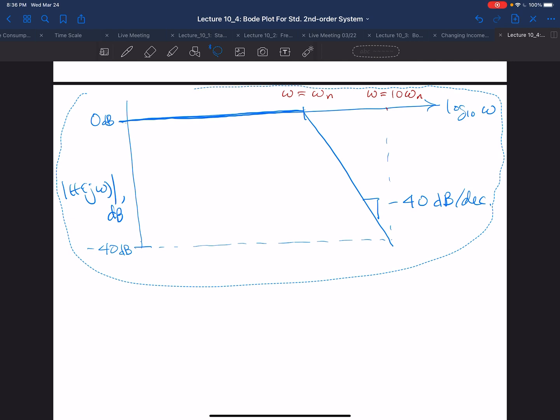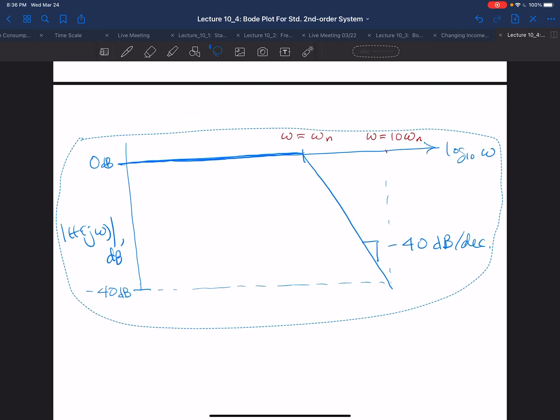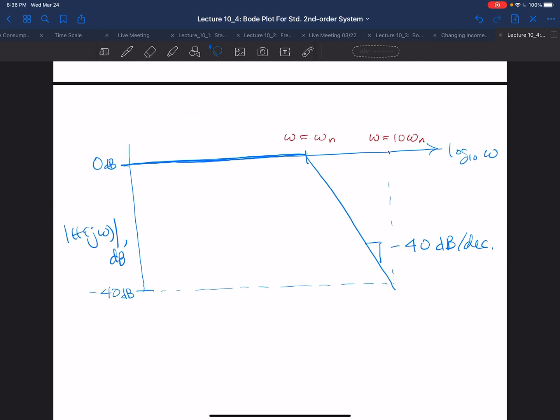Let's just make some more room by shifting this downward, because we should discuss what the real curve looks like. So note that the low frequency asymptote is simply a 0 decibel horizontal line. The high frequency asymptote always has a slope of minus 40 decibels per decade, and it intersects the low frequency asymptote where omega equals omega n.